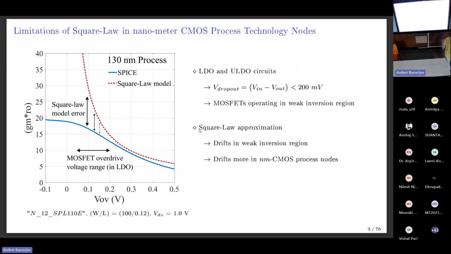It will be super off, especially when you are targeting lower and lower overdrive voltages, or weaker inversion, as we call it. This is strong inversion, but as I go lower in overdrive voltage, it's weaker inversion. And you will see soon when we discuss LDOs, we are mostly operating at weaker inversion or lower overdrive voltage. So I don't have the liberty of designing in strong inversion, which means that this is a problem.